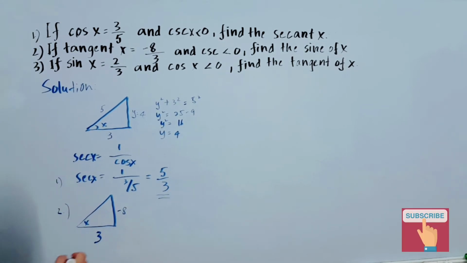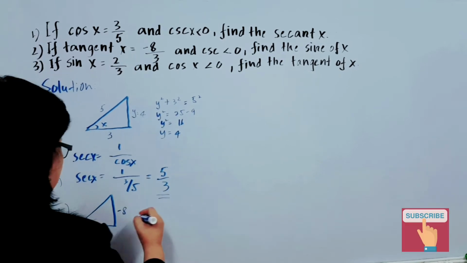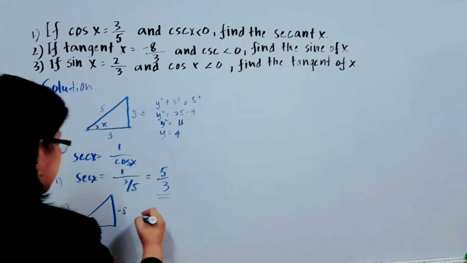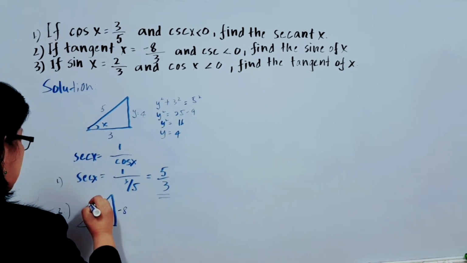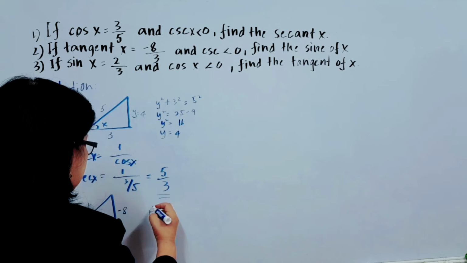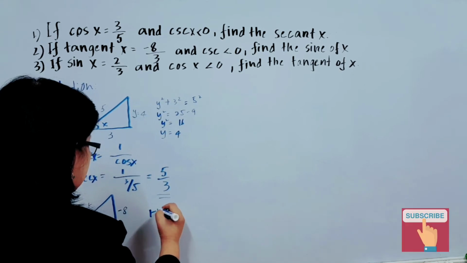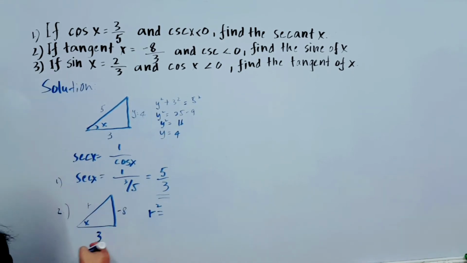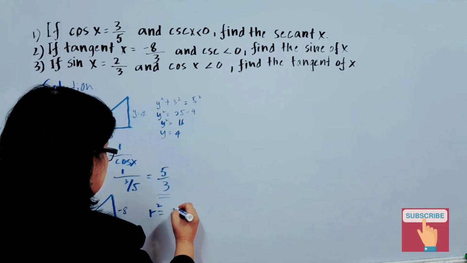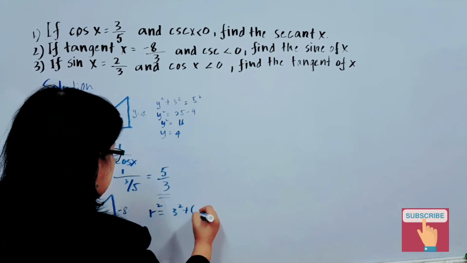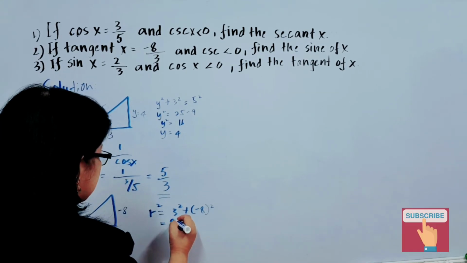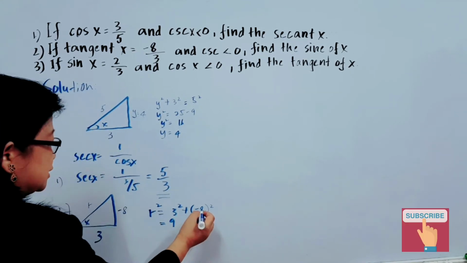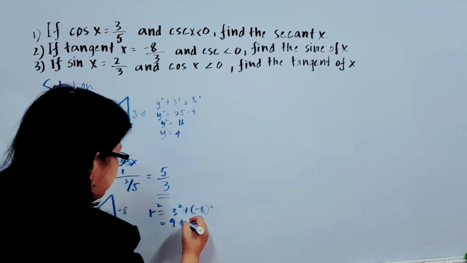Therefore, if we have to solve for the hypotenuse here, we'll call this one r. R squared therefore is equal to 3 squared plus minus 8 squared. 3 squared is 9, minus 8 squared is equal to 64.